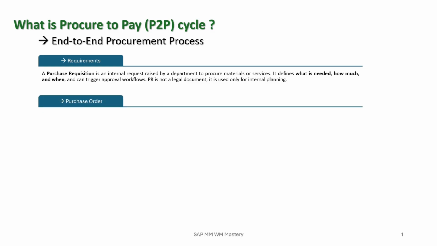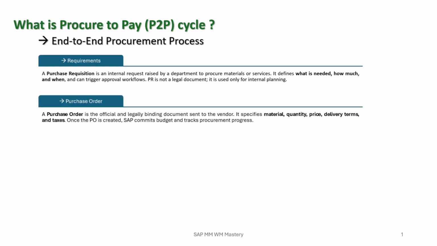Next is purchase order. A purchase order is an official and legally binding document sent to the vendor. As we discussed just now, requirements is nothing but a purchase requisition, an internal document which is a reference for creating a purchase order, which is an external legal document sent to the vendor.